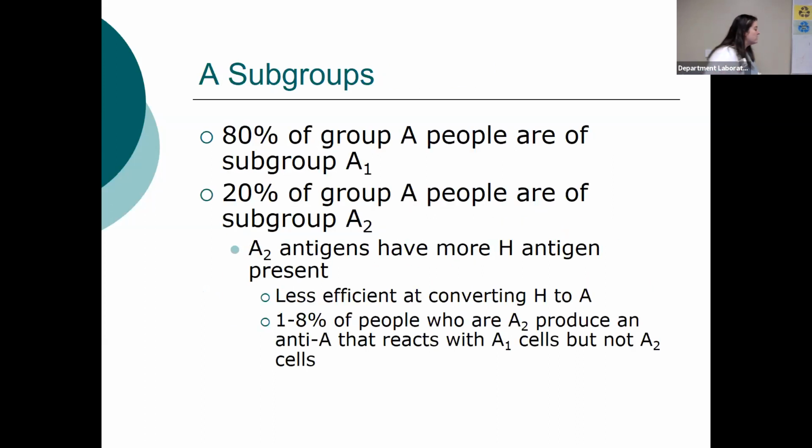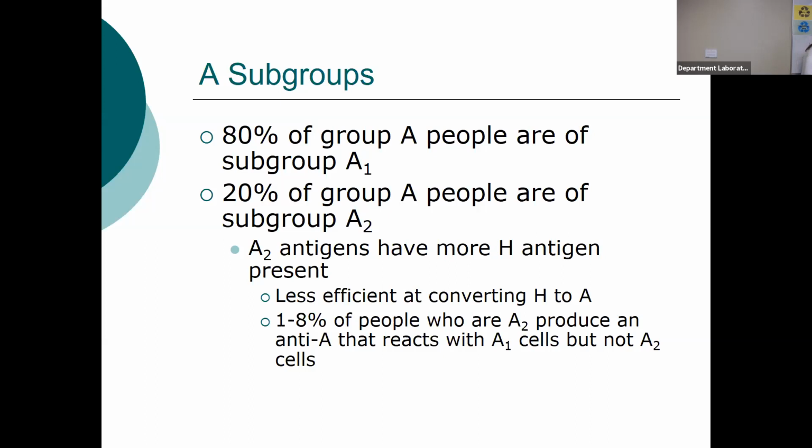So remember Landsteiner's rule. What you lack, you can build an antibody to, okay? So the thing about these A2 patients, or another subgroup of A, there's Ael, Ax, A3, and there are hundreds of subgroups of A. Their molecular structure of the A antigen is different. It's not as complex as the A1 antigen.